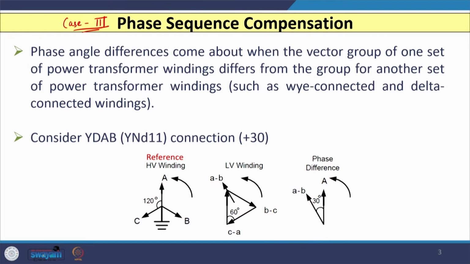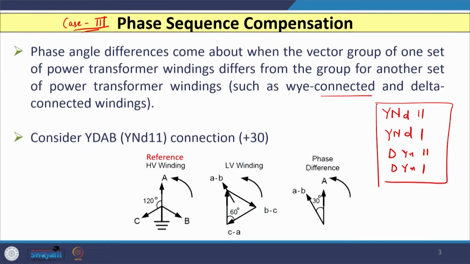Whenever we consider a particular vector group or winding connection in the power transformer, let us say it involves delta connected winding with star connected winding, then we can have connections such as star grounded with delta 11, star grounded with delta 1, or the reverse, that is delta star neutral 11 and delta star neutral 1, because these are the commonly used winding connections or vector groups in case of power transformers.